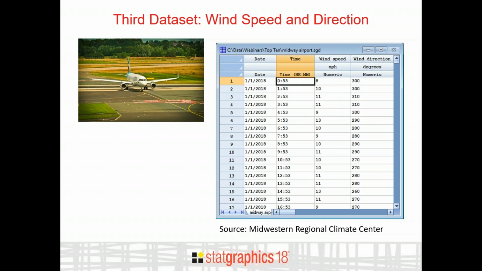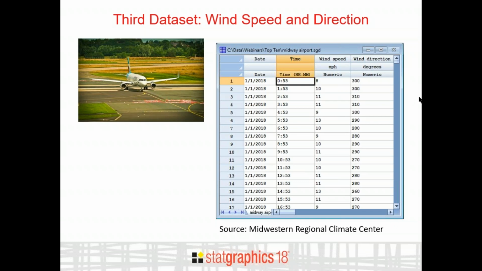It's actually quite a number of applications where people like to study wind. Incidentally, this data comes from the Midwestern Regional Climate Center. It's online. All the data sets I'm looking at, incidentally, today, I downloaded from various sites around the internet.